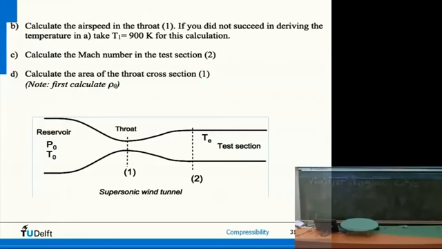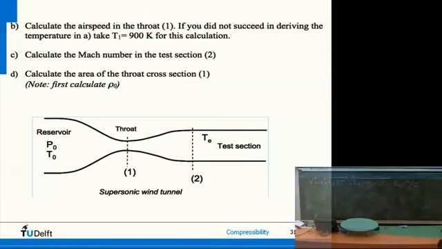So now the airspeed in the throat, we can use the relation we derived earlier. V is square root of gamma R T. Because in the throat we have V equal to A, so we can use that relation, right? And we just derived that the temperature in the throat is 1000. So we have a speed of 640 meters per second inside the throat.